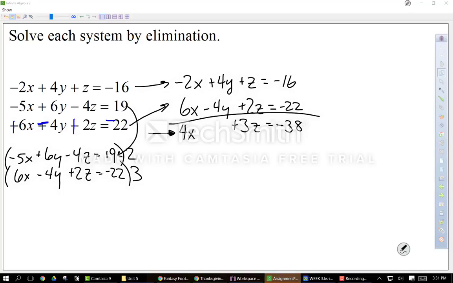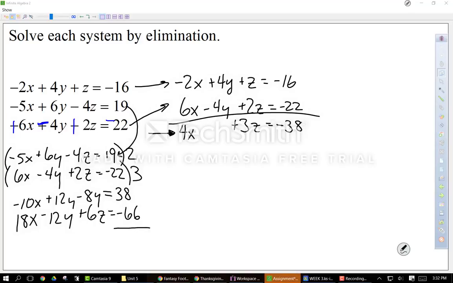So let's do that. I get negative 10x plus 12y minus 8z equals 38. And then I get 18x minus 12y plus 6z equals negative 66. You notice my y's cancel when I add.